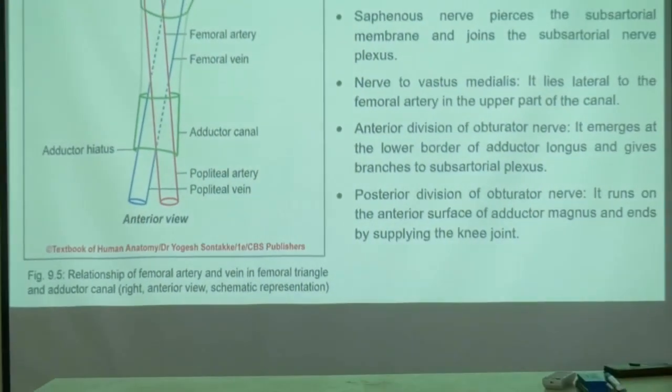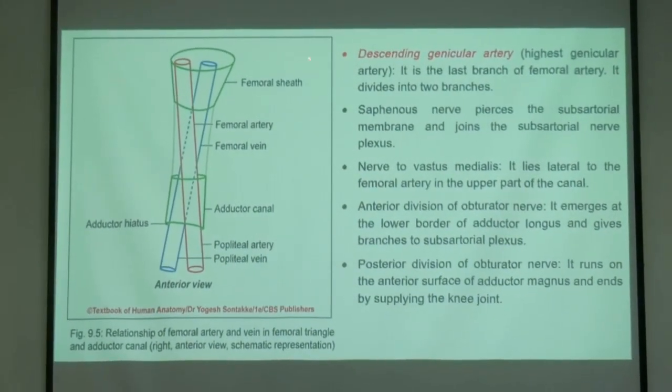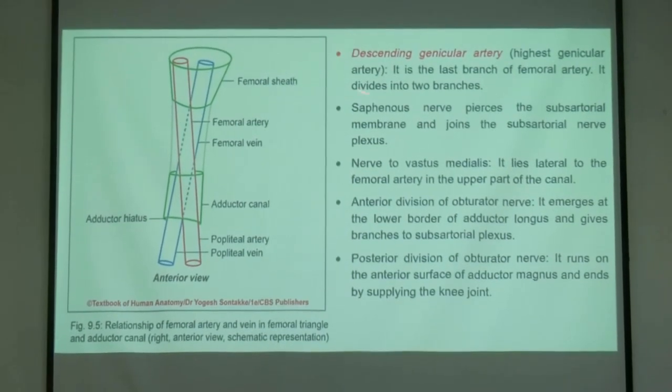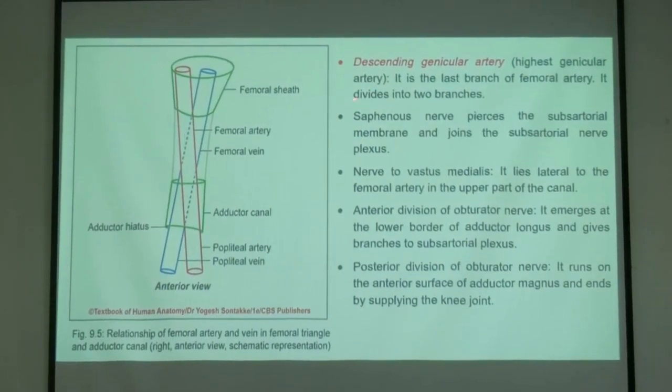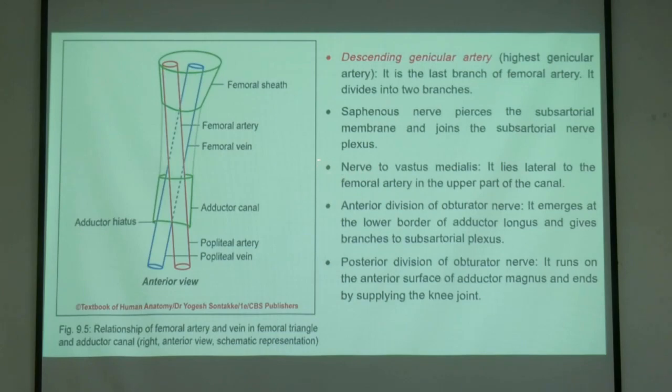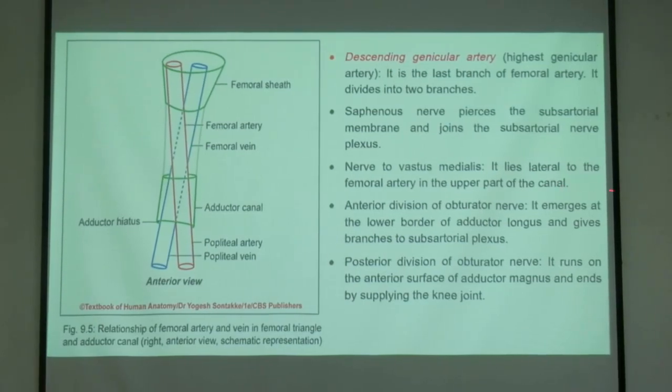Now descending genicular artery. This is the highest genicular artery. Last branch from the femoral artery, it divides into two branches. Saphenous nerve pierces the subsartorial membrane and joins the subsartorial nerve plexus. And now we are discussing the contents individually. Okay. Nerve to vastus medialis lies lateral to the femoral artery in the upper part of the adductor canal.